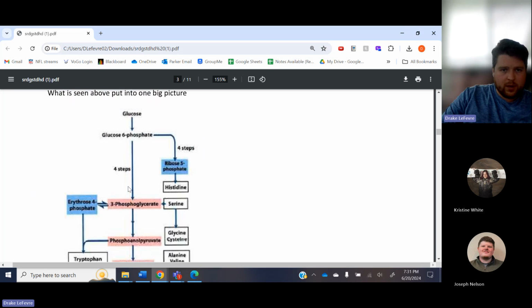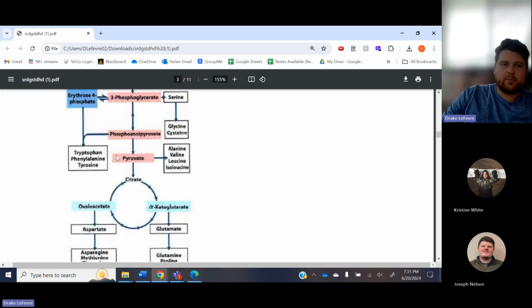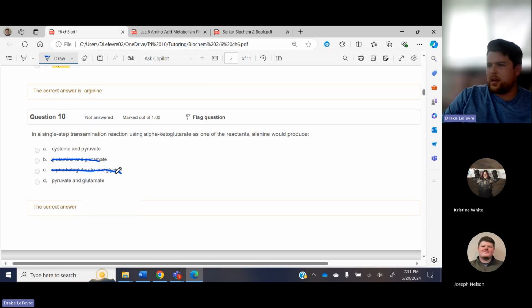It's probably going to be better in one of these charts, but we see pyruvate to alanine. So we're going to look at our answer choices. Pyruvate is going to be one of the answer choices. It's not here, not here. I'm trying to find where the other part of that reaction is.